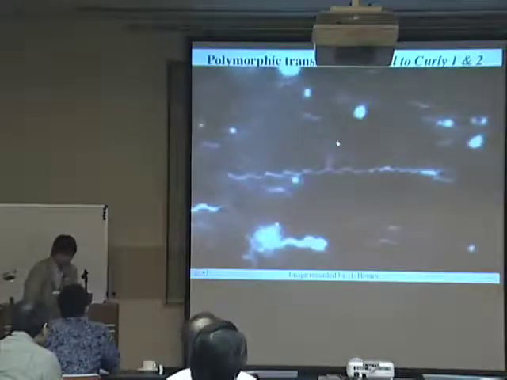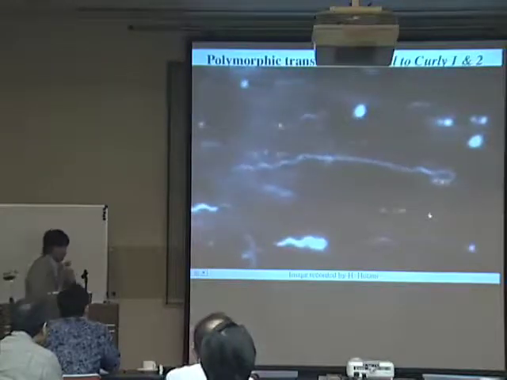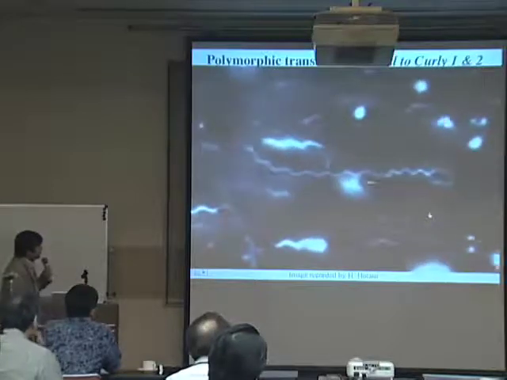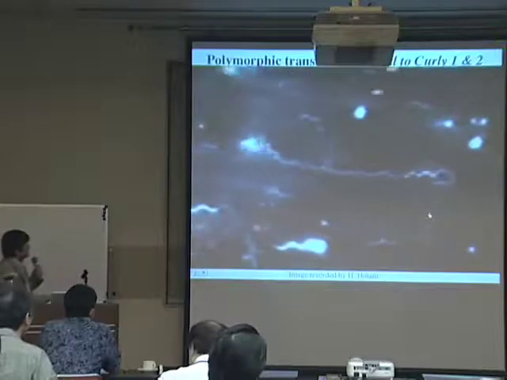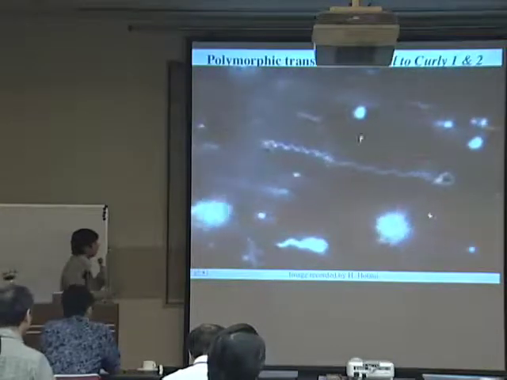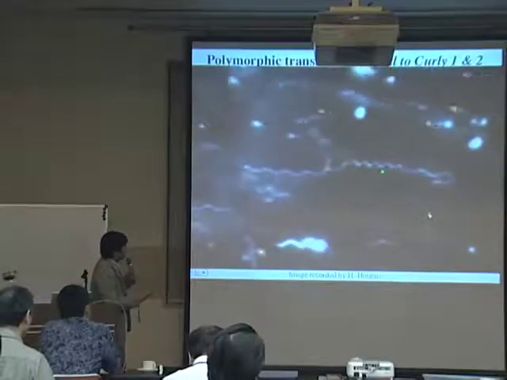Well, this property is actually the intrinsic property of the filament itself. This is the detached bacterial filament, and here we have some viscous solution. In response to the viscosity, the filament changed its wavy form.